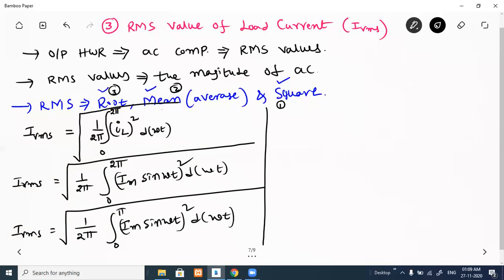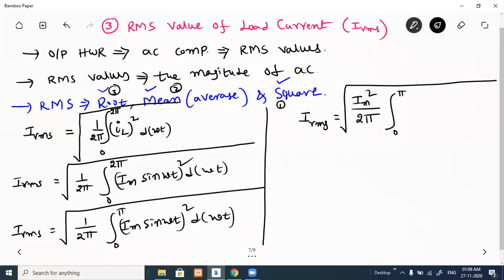Then apply the integration. Im square is constant, take it out, so Im square by 2 pi integral 0 to pi sin square omega t d omega t.